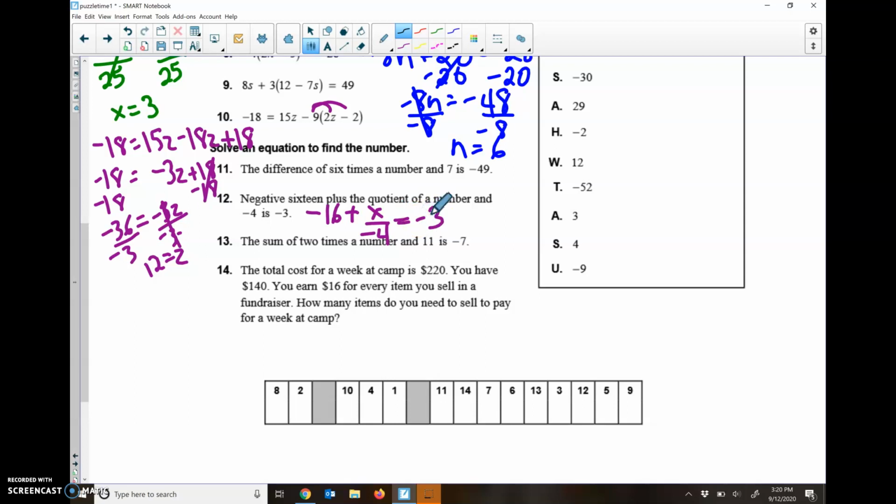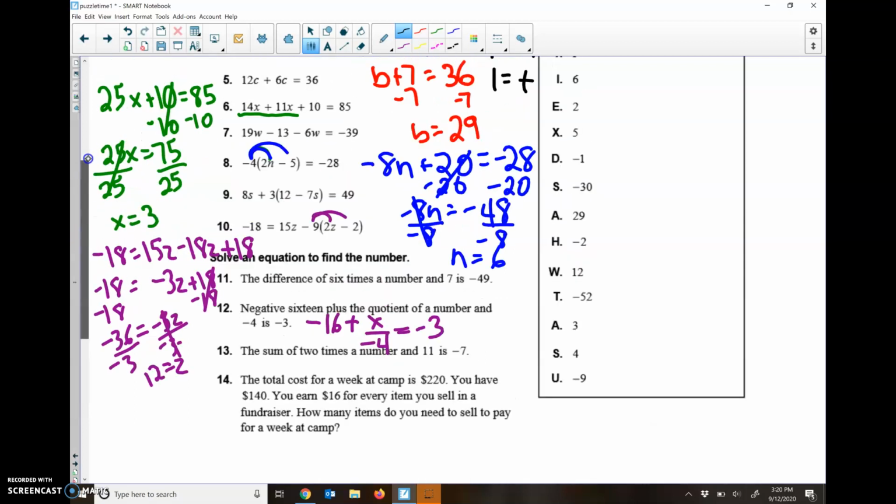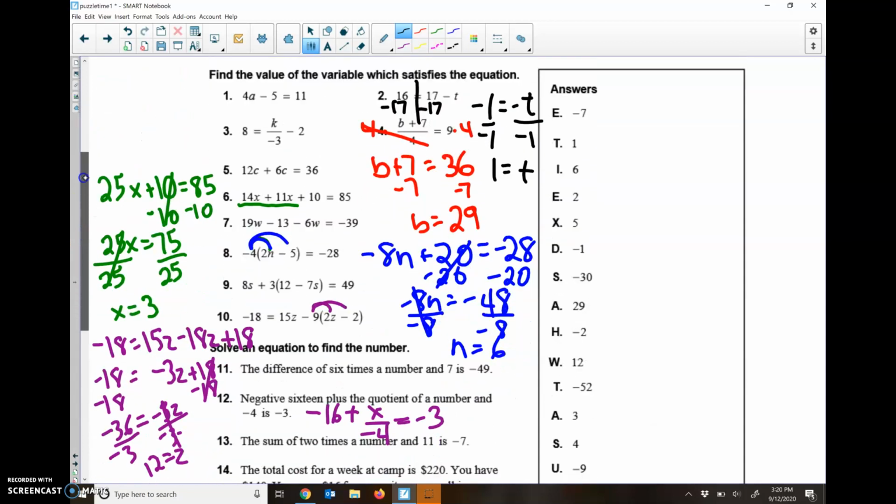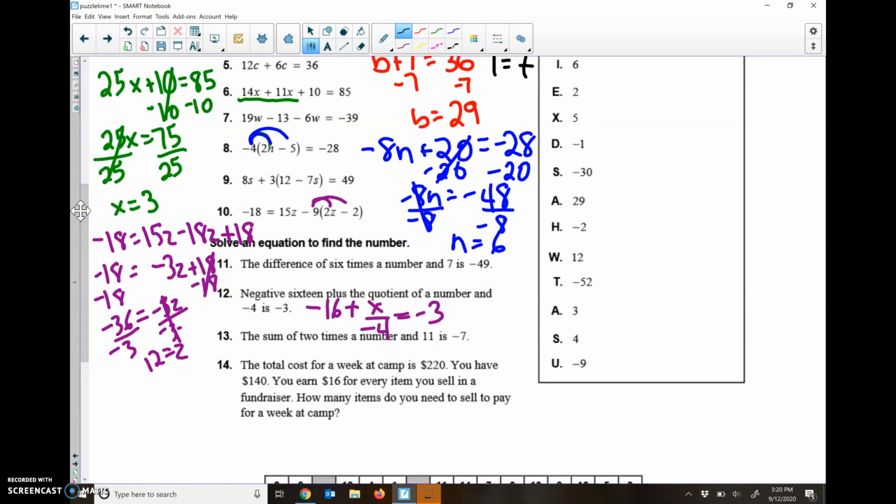Okay, so here, unlike number 4 that we did, the divided by is just over the x, so we don't have to do that first. First thing we would do is add our 16 to both sides. So I'm going to start writing down here so we don't run out of room.